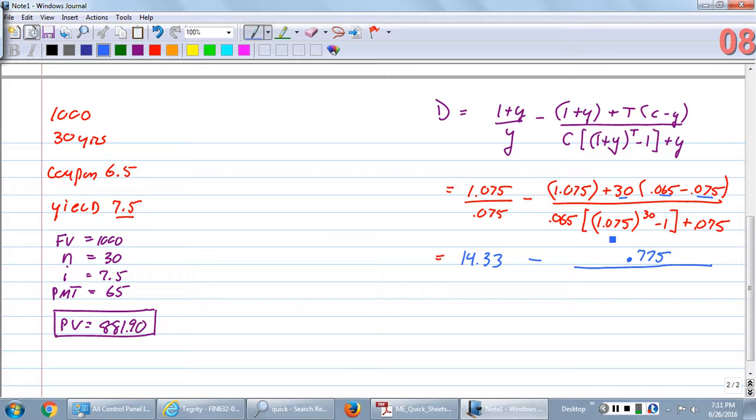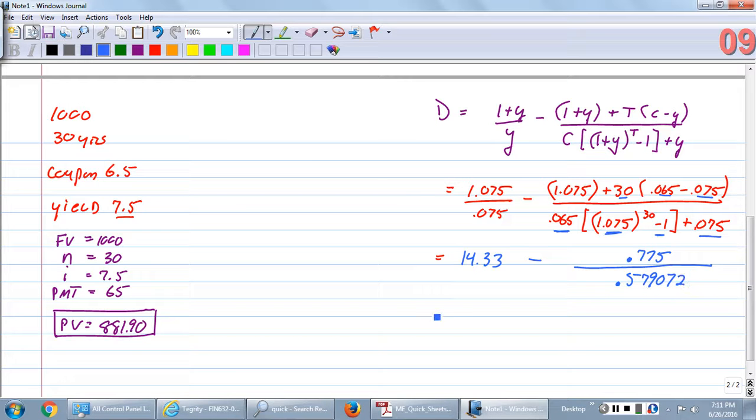Now in the denominator, I'm going to take 1.075 and raise it to the 30th power. And I get a number. Then I subtract 1, and multiply it times 0.065. And then add 0.075. Here I get 0.579072.